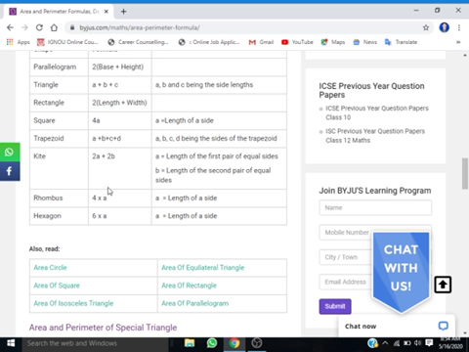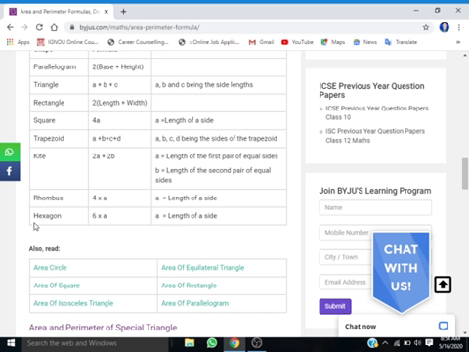It follows a similar pattern to the perimeter of the rectangle, the square, or the parallelogram, and likewise the perimeter of the kite, with small changes due to the geometrical construction of the figure. For a rhombus, it is 4 times A, the same pattern as the perimeter of the square.